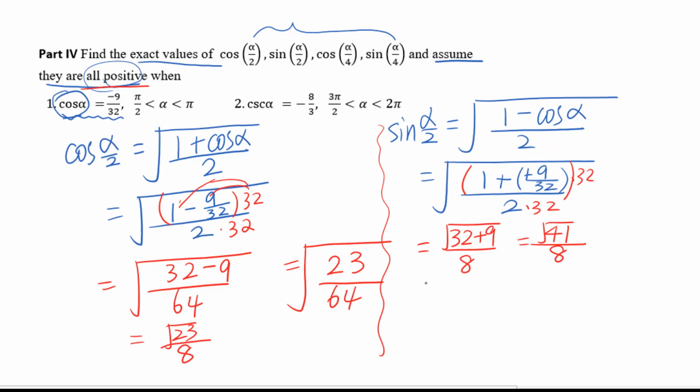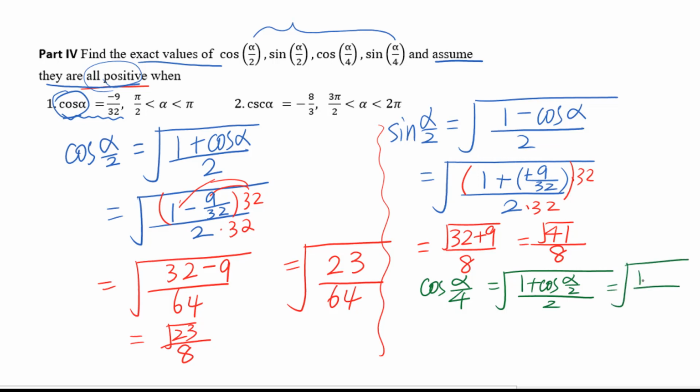Then for cosine alpha over 4, you will get square root of 1 plus cosine alpha over 2, then over 2. Since this is cosine alpha over 2, you will get 1 plus square root of 23 over 8, then over 2.